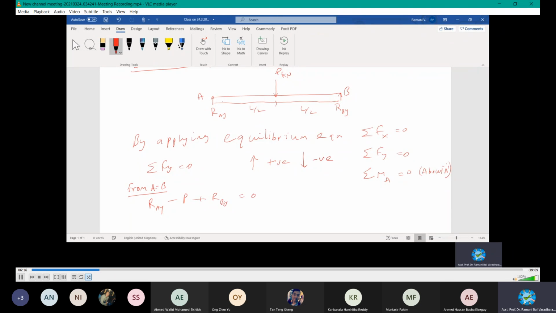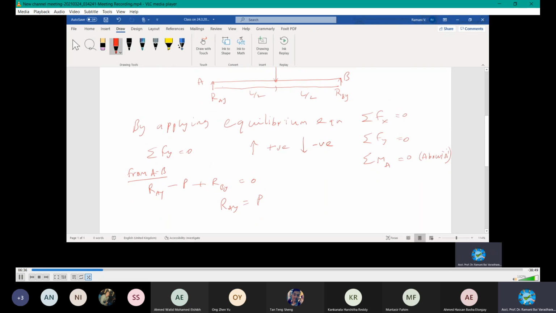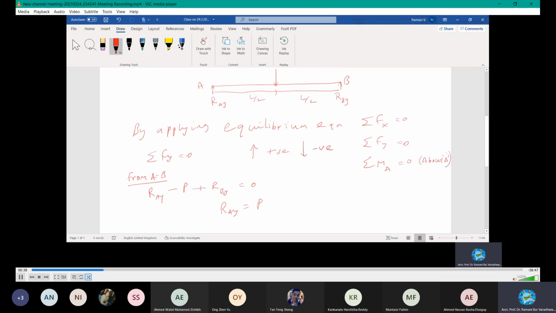RAY minus P plus RBY should be equal to 0. From here, I can find RAY. My RAY is equal to P minus RBY. So I bring the P to this side, and then RAY, RBY.